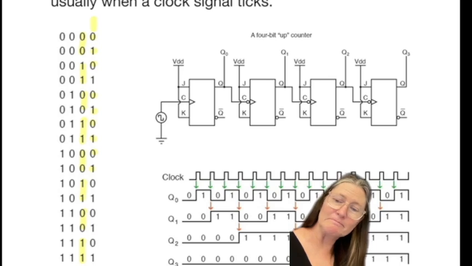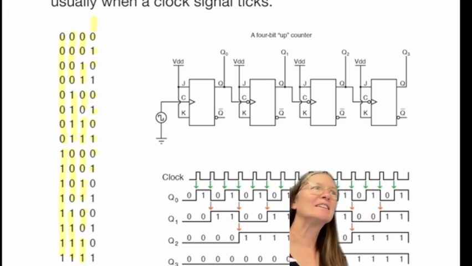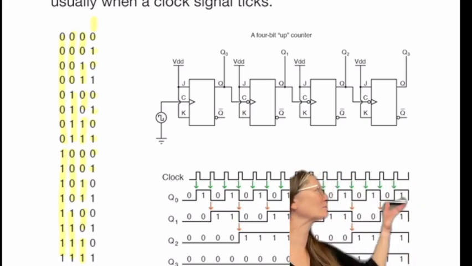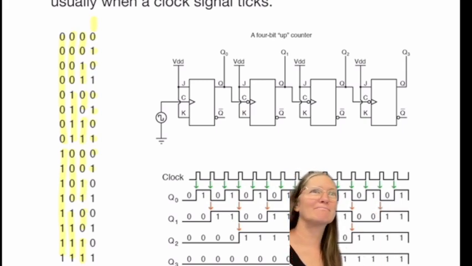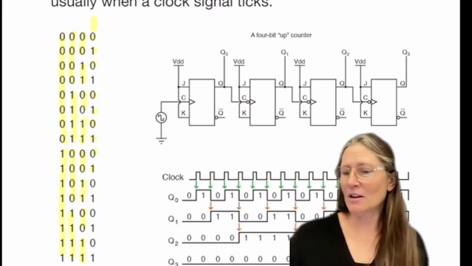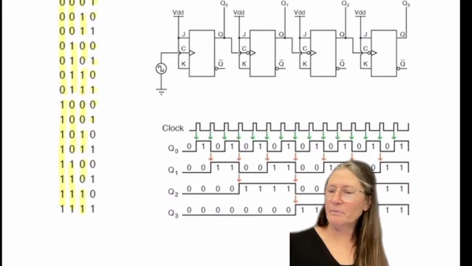Third column, it goes in 4s. And then it goes in 8s. Seeing a pattern with this? Next one would be 16. It would go zeros for 16 and then ones for 16. So it will go by 2 raised to the power of whatever that is. Okay, so that's the number of times it will repeat itself.